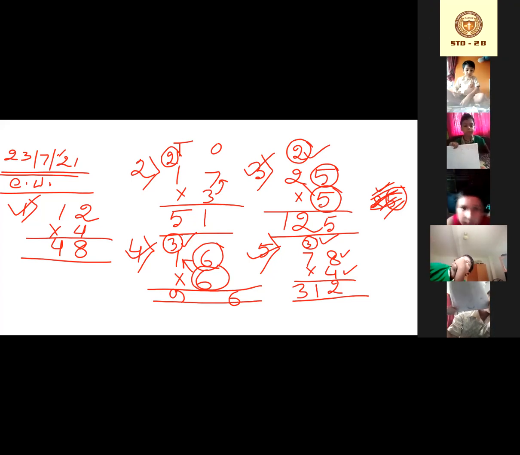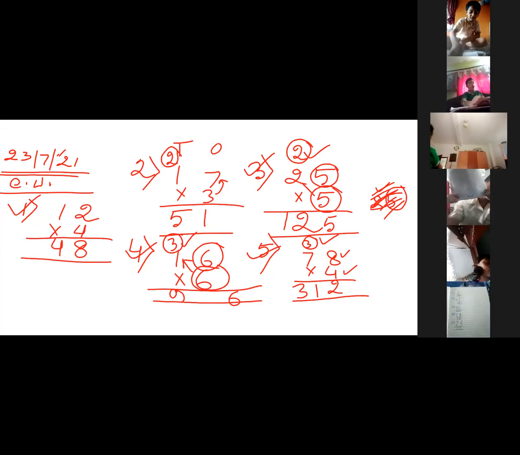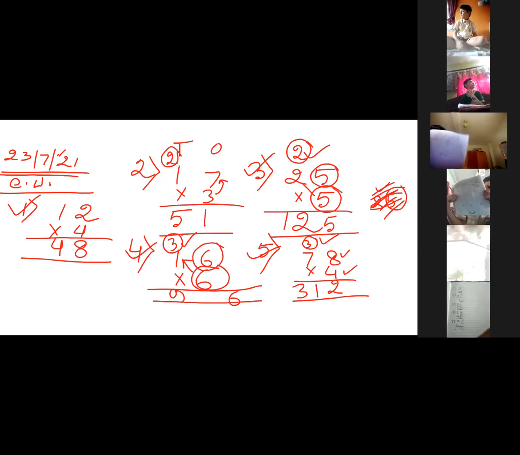Arindam Roy, Shamraj Vaisi, Afroz Ali. Shamraj, what are you doing? Ifra Sanjita, Ifra, why did you join late? Every day you join late. Arindam, Ifra, show me your copy first.